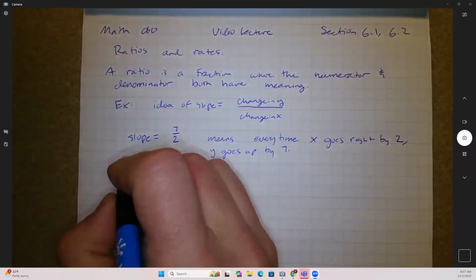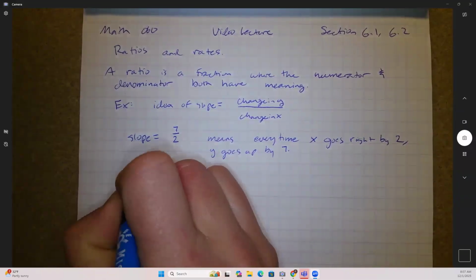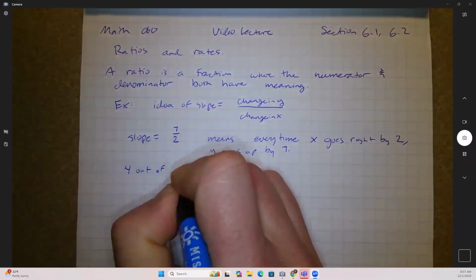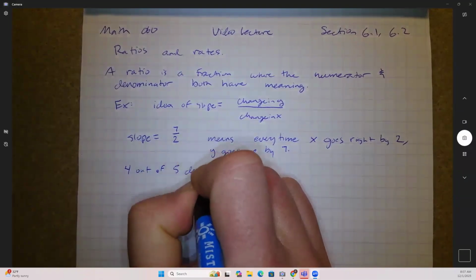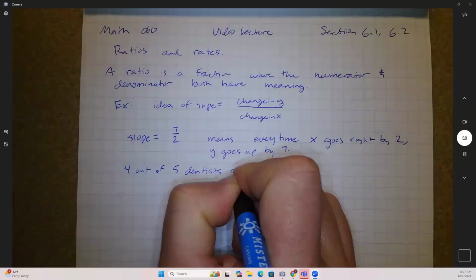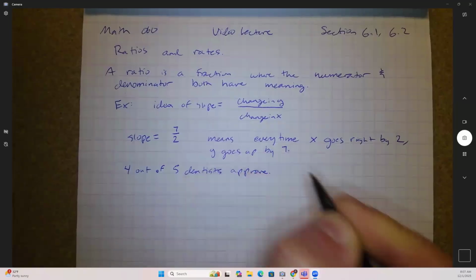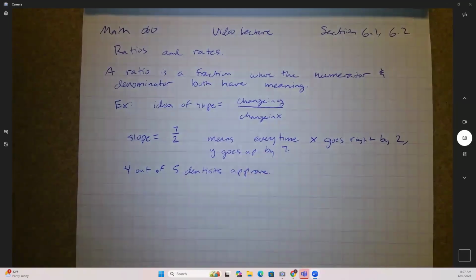Other common ratios are things like 4 out of 5 dentists approve, if you've ever seen that. They approve this toothpaste, they approve this floss, whatever it may be.